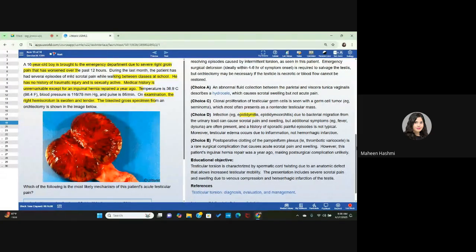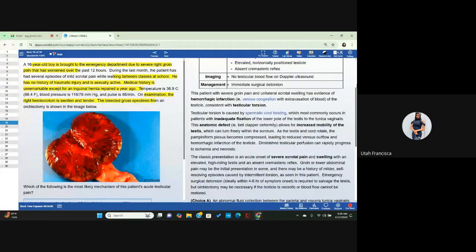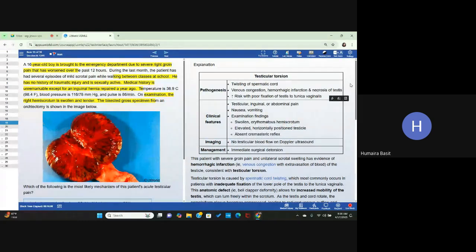Infection, bacterial migration from the urinary tract. So it can be any STI. It can be gonorrhea. E. coli is usually in older patients, and gonorrhea is usually in younger adults who are sexually active. In older patients, it's most likely E. coli.